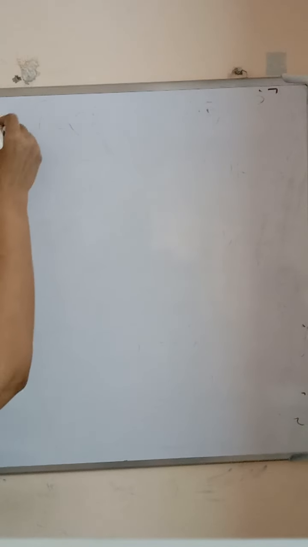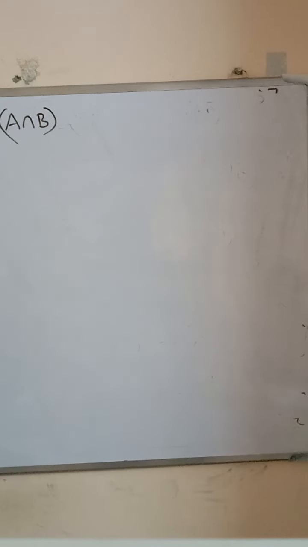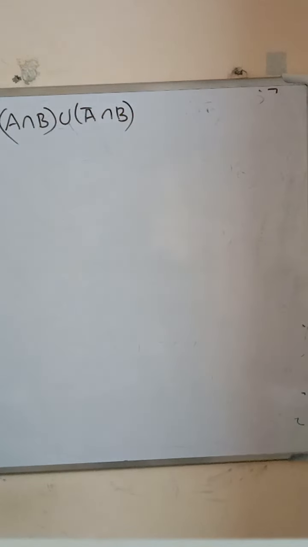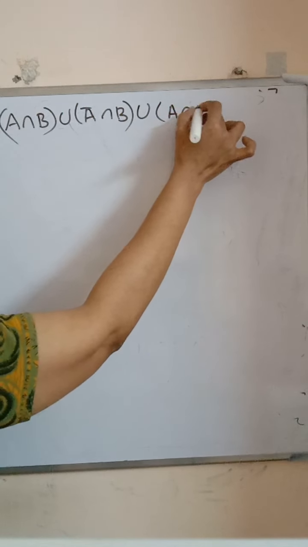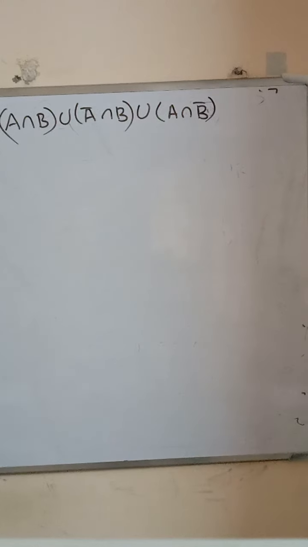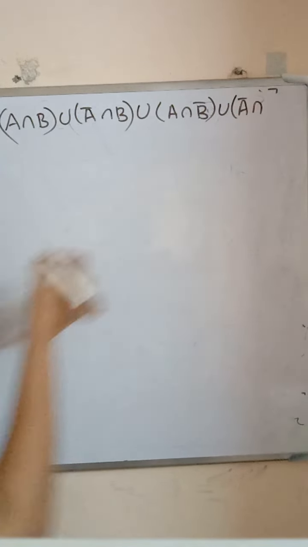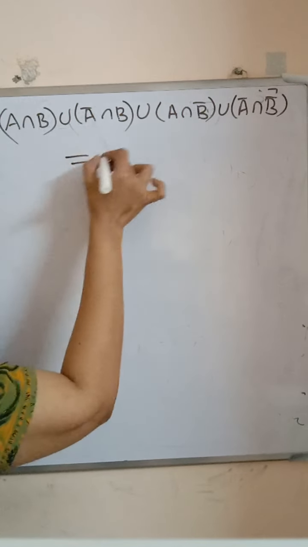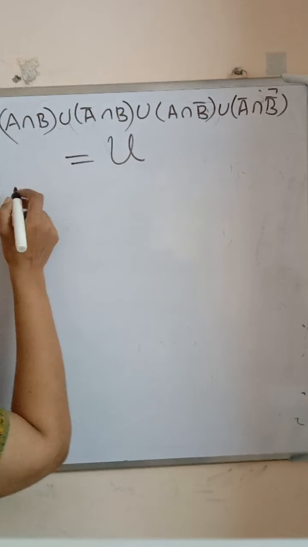Next problem, also write the dual of the following. Here the statement is A intersection B union A complement intersection B union A intersection B complement union A complement intersection B complement equals the universal set. Here it is the universal set, not union.